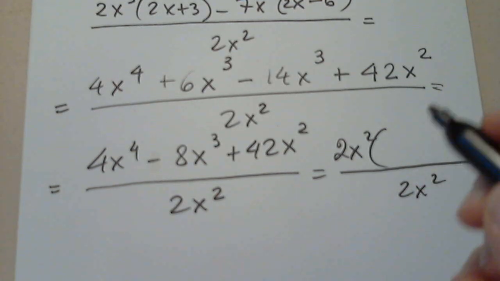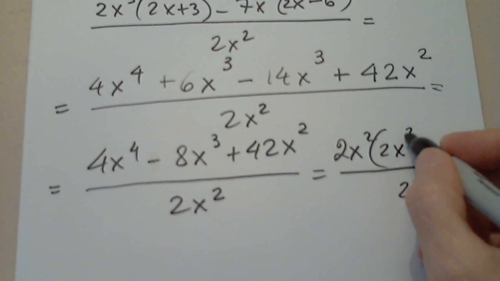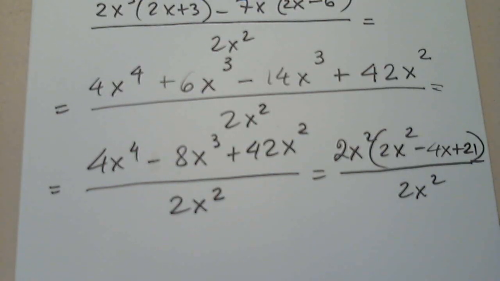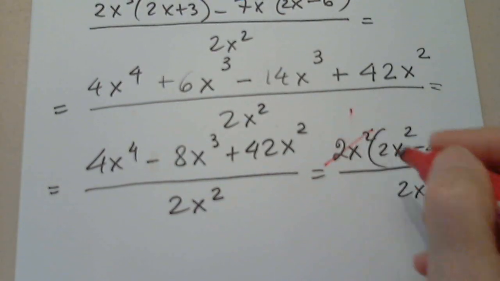Let's see, 2x to the second, minus 4x, plus 21. Just 21. Good. Very nice.